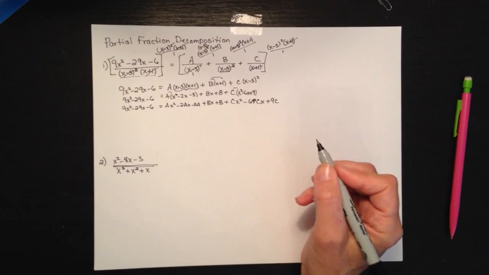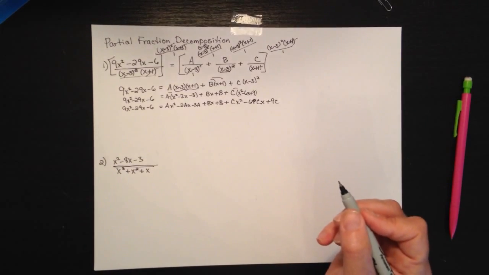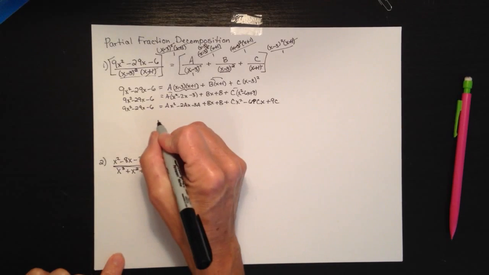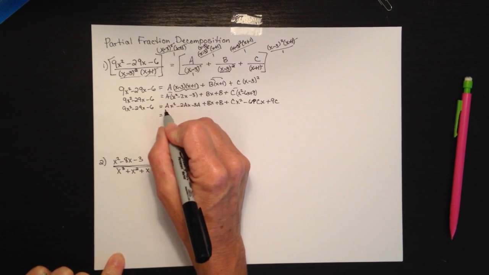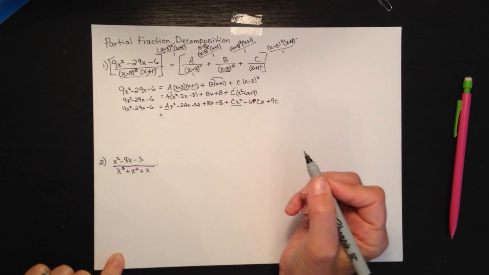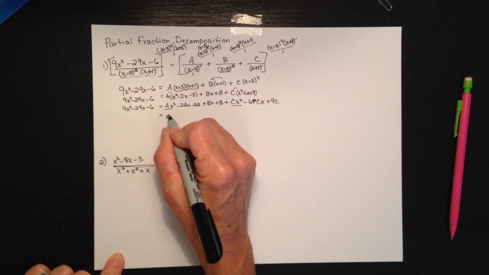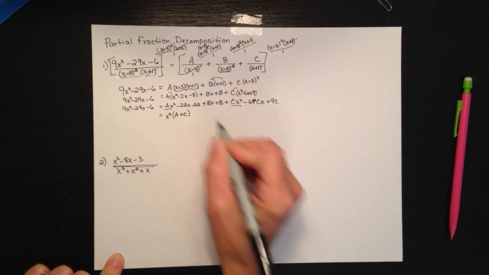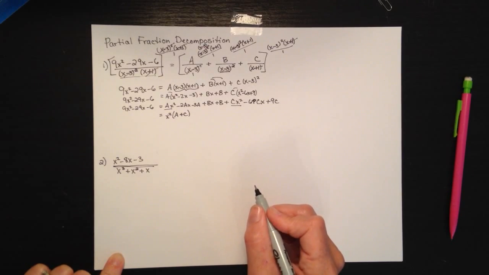All right, now I want to collect like terms, so I'm going to get all the x squared terms together and also factor at the same time. So it looks like this. I'm going to collect Ax squared and Cx squared together, but I'm also going to factor out the x squared. So I have A plus C right there.